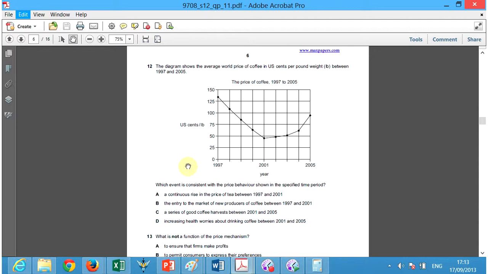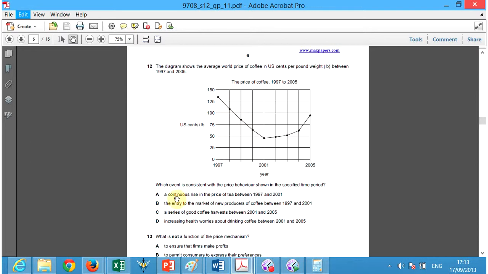Okay, the choices are A, a continuous rise in price between 1997 and 2001. So let's look here. In 1997, we can see that the price is dropping, and then goes up. So it's not a continuous rise. So A is wrong. It says a continuous rise, but no, it's dropping.